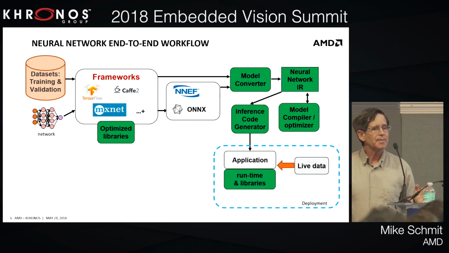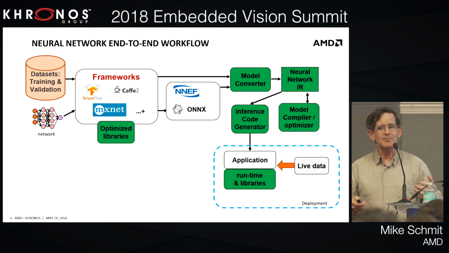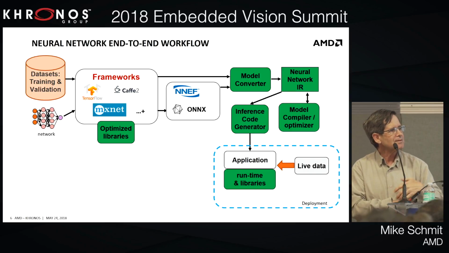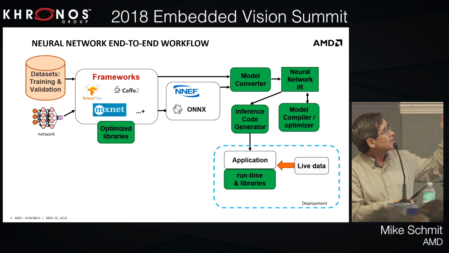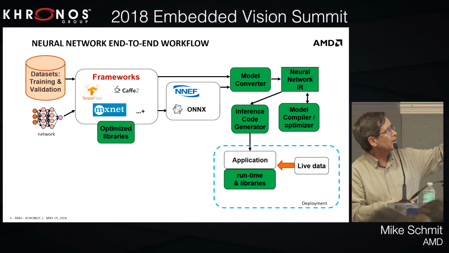So this year, just like everybody else in the world, pretty much, we're doing neural nets. And this is a little bit of a diagram of what you might envision the workflow looks like for processing neural nets. So you can see you have some framework that you're going to train with, and you train, and now you have our interchange format.